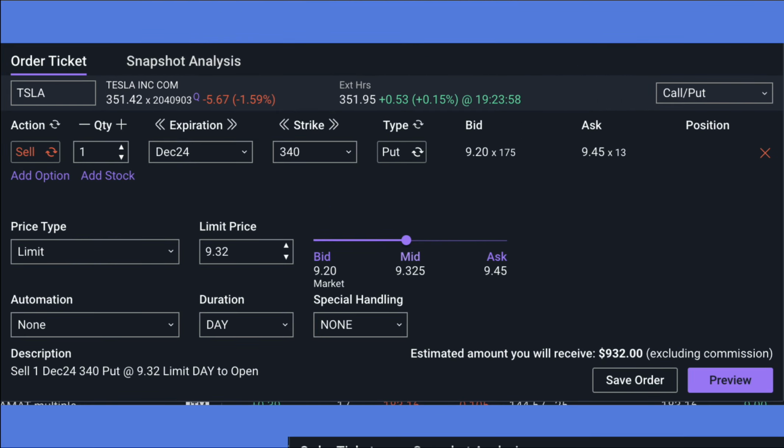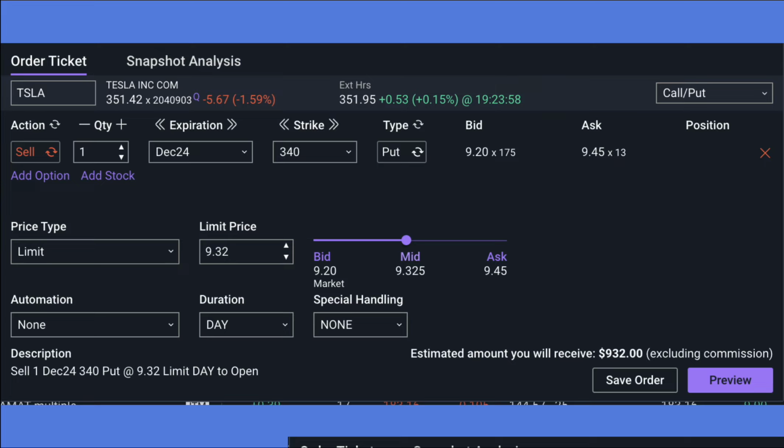So this is an actual market order, and the answer is $9.32, or $932 for 100 shares. That's what someone will give me to promise to buy 100 shares of Tesla for $10 less than they are today. Said another way, for the option to sell 100 shares of Tesla at 340.